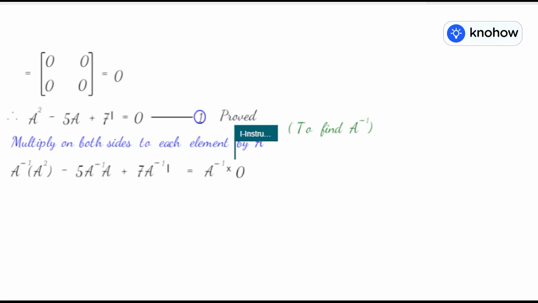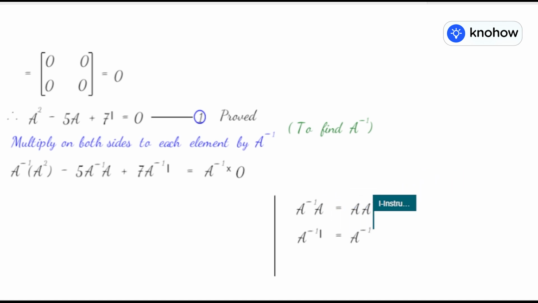Use certain results. You know A inverse into A or A into A inverse will be the identity matrix by definition. And any matrix, say A inverse or A, multiplied by identity will remain the same, and A inverse multiplied by 0 matrix will be 0 matrix.